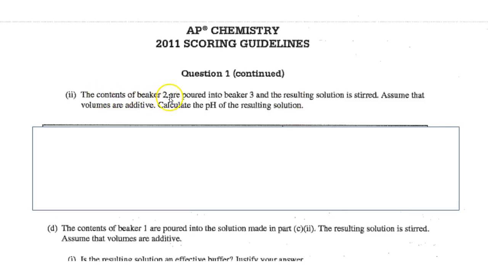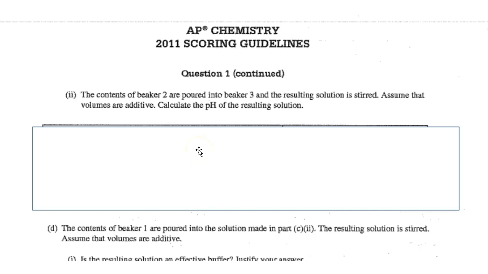They take the beaker 2, which if I recall is your ammonia, and they pour it into the ammonium, and they mix it, and they assume the volumes are additive, and they want you to know the pH of the solution. Well, we had the Ka expression, right?